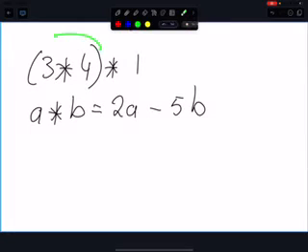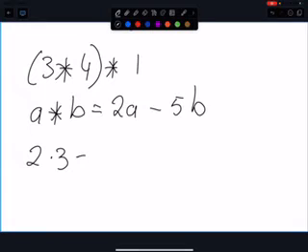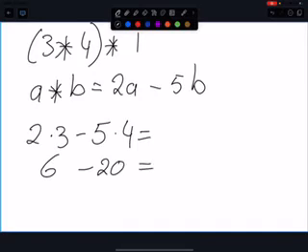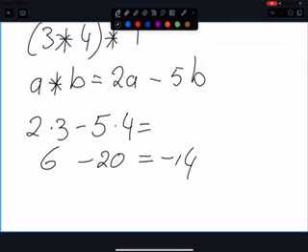So the first one was 3, 4. Brackets goes first, BODMAS. So what do you have? 2 times 3, subtract 5 times 4. 6 minus 20 gives the same answer as before. So you already knew that answer. And then you have to do it again.